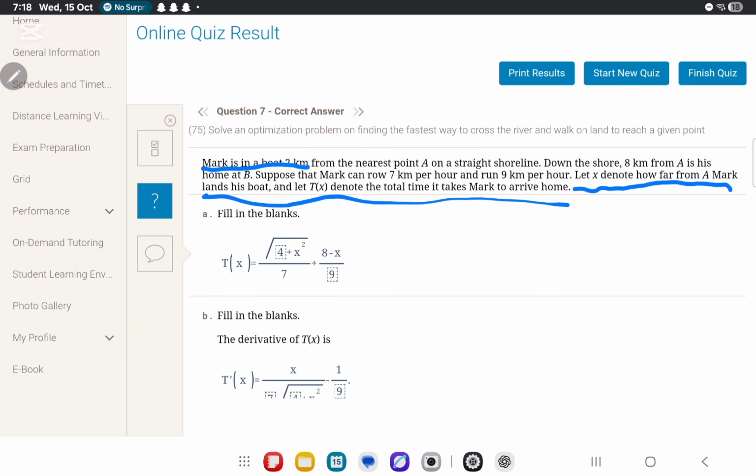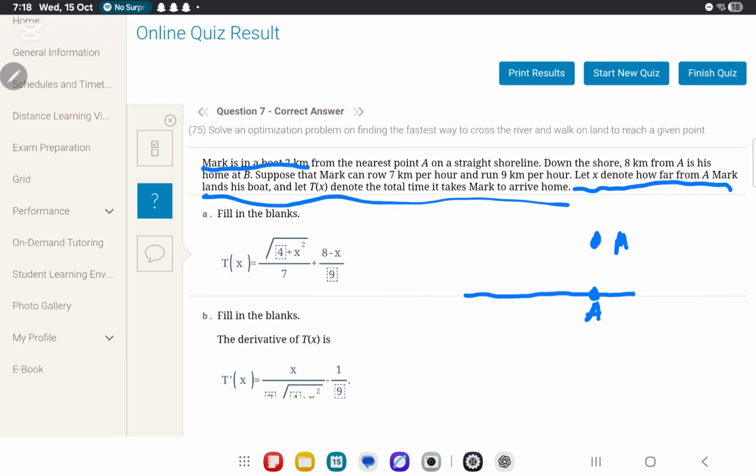Okay, so we have a shoreline. Now we have a point A here, and let's say Mark here. X is here, this is Mark. Now I'm just going to label it with the dots.